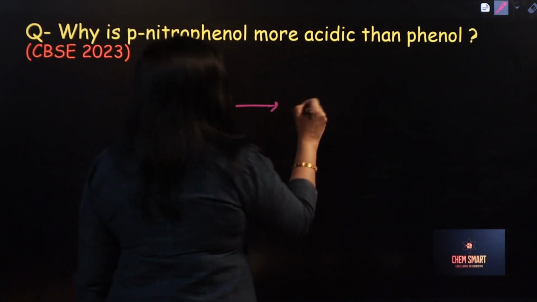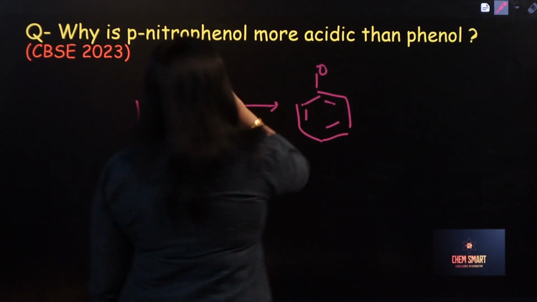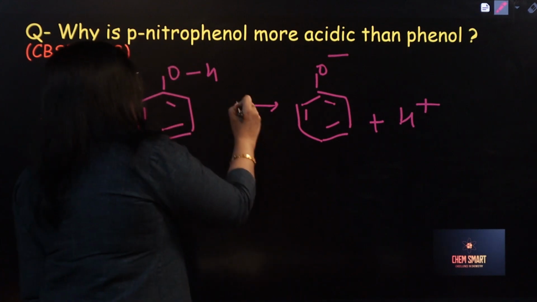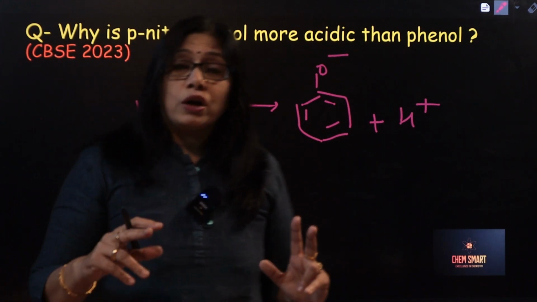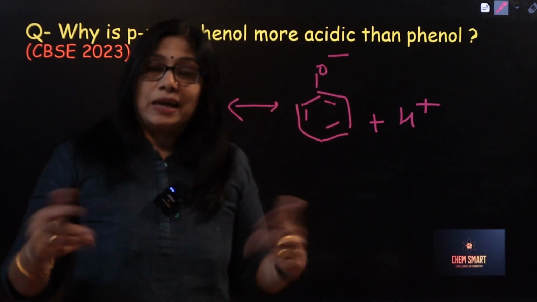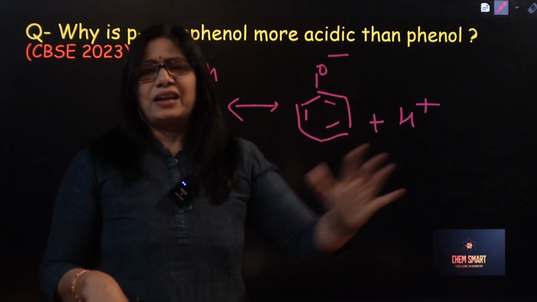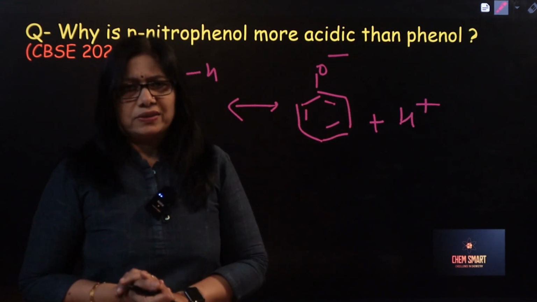That is, phenol can behave as an acid through the formation of phenoxide ion and H plus. And it's a weak acid because the dissociation is not that great. That means it is a slow dissociation, dissociating to a lesser extent. So phenol is acidic, but it is a weak acid.